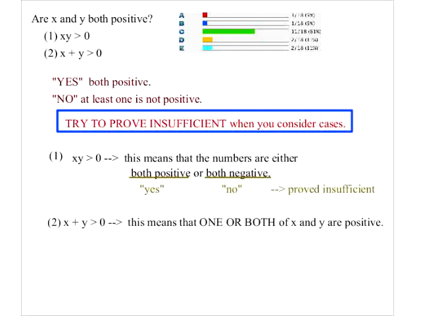Yeah, it means one or both of them are positive. So again, we should try to prove insufficient. If only one is positive, then this is a no. But if both are positive, then this is a yes. So that's insufficient.